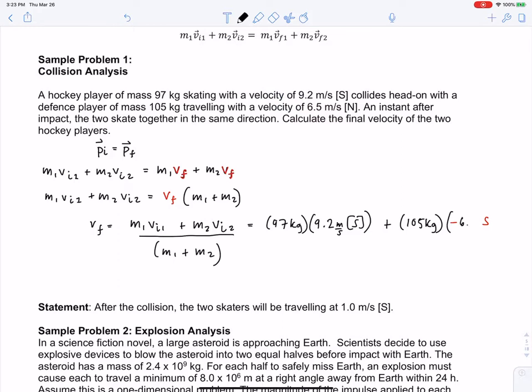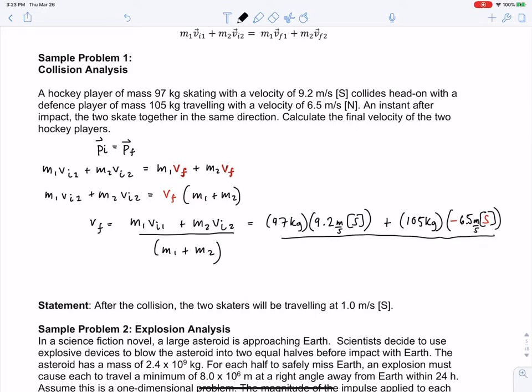So we get negative 6.5 meters per second south. All of this divided by 97 kilograms plus 105 kilograms. If we punch this into our calculator, we end up with a final velocity of 1.0 meters per second south.